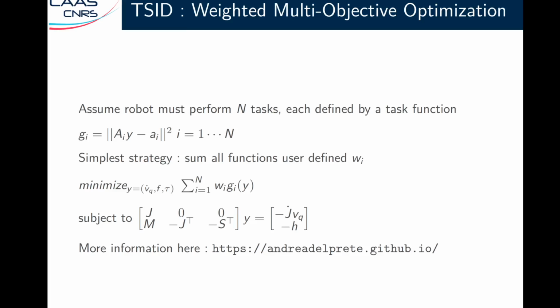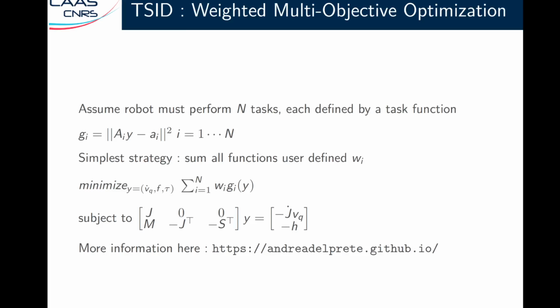And finally, we have TSID, that is explained briefly here, which is a weighted multi-objective optimization, where we assume that the robot has to perform n tasks, each defined by a task function, and the control variables, which are called here y_i, are the velocity of the actuators, the forces, the external forces, and the actuating torques.